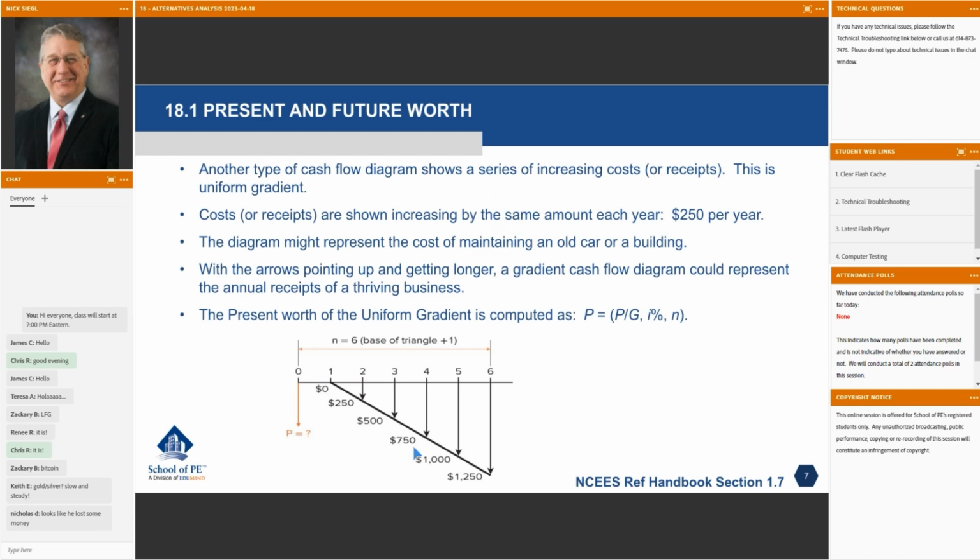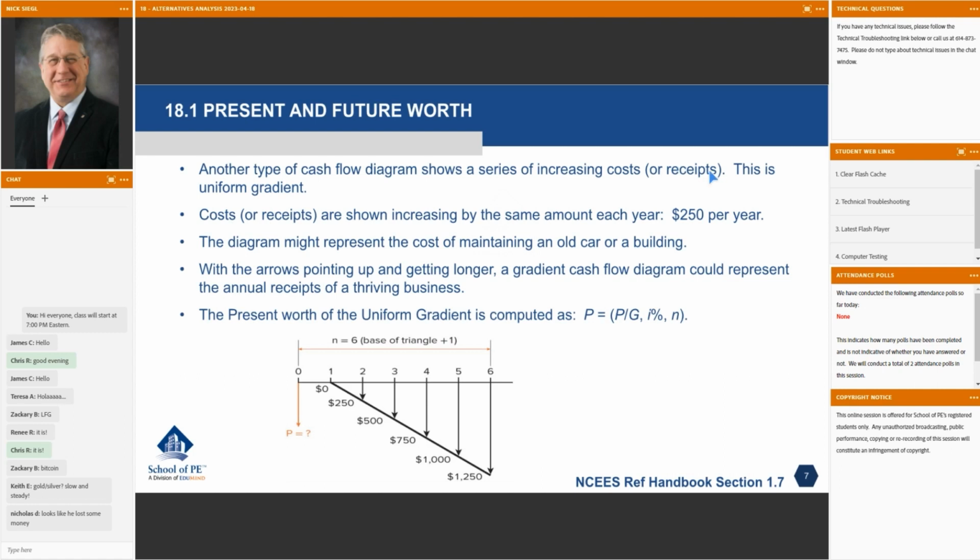Let's talk about the gradient. Gradients are a little bit more complicated, a little bit more interesting than the straight present worth, future worth, or uniform series. Another type of cash flow diagram shows a series of increasing costs, or could be increasing receipts. We want to think positive.